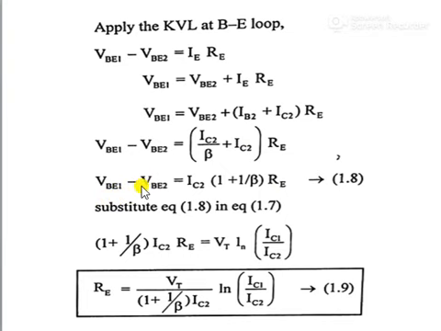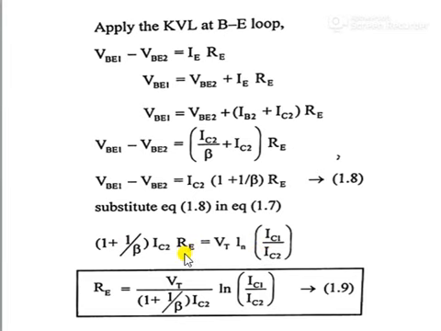Equating VB1 minus VB2 equal to IC2 into 1 plus 1 by beta into RE with the expression obtained earlier using the diode current equation, which is VB1 minus VB2 equal to VT into natural logarithm of IC1 by IC2, we have 1 plus 1 by beta into IC2 RE equal to VT into ln IC1 by IC2.